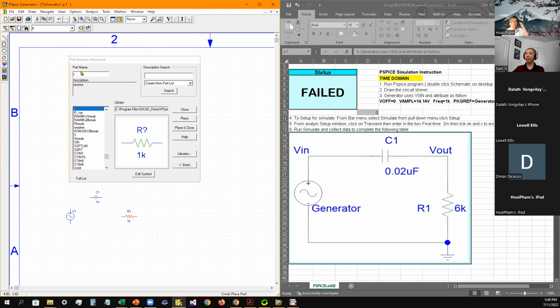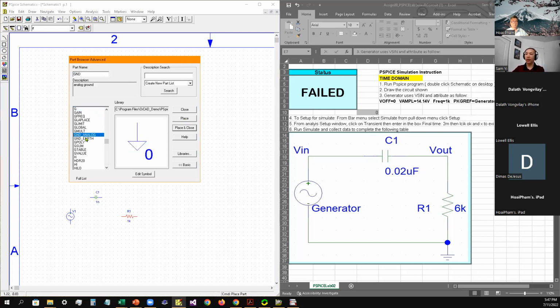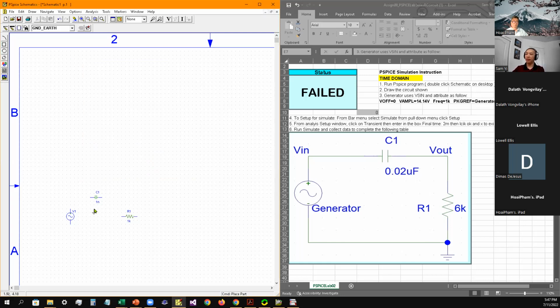Choose the next component, ground. Type GND, and that's earth ground. That one doesn't look like it matches, but the next one down looks like the one. That's all that we need. Place it on your desktop. Now you can highlight it and drag it wherever you want.